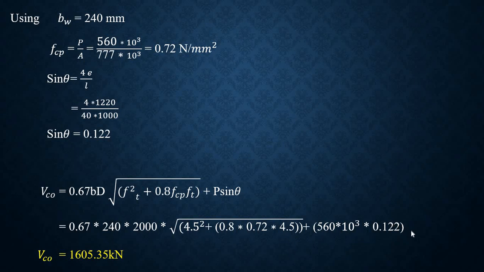Therefore, we will get Vco, or ultimate shear resistance of a section, as 1605.35 kilonewton. So this is how we will calculate Vco values. Hope you have understood. Thank you.